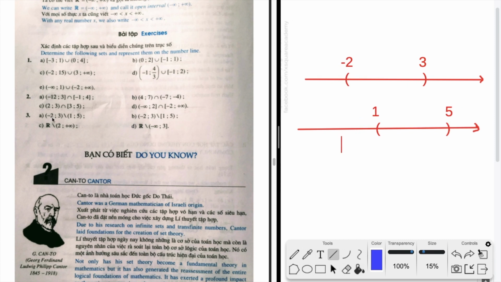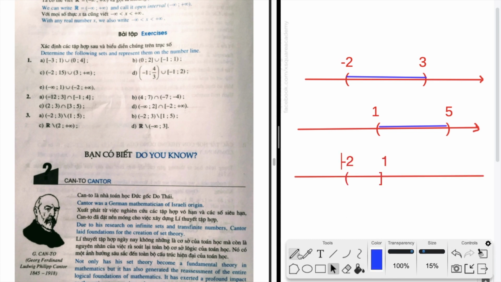Problem 3. The open interval from -2 to 3 minus another open interval from 1 to 5. That means we take elements that are in this set but are not in this set. So we realize that the interval from -2 to 1 is in this set but not in this set.